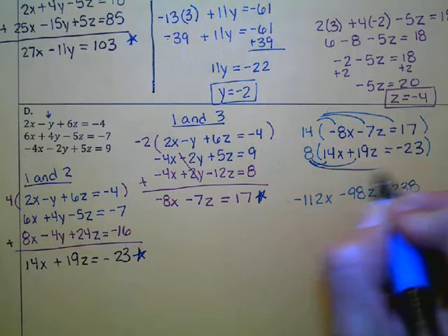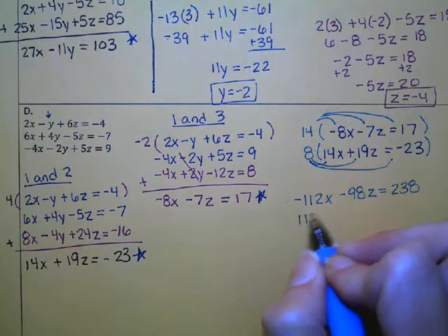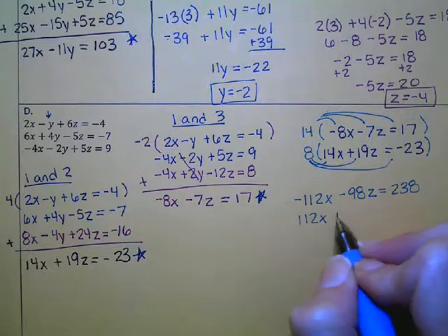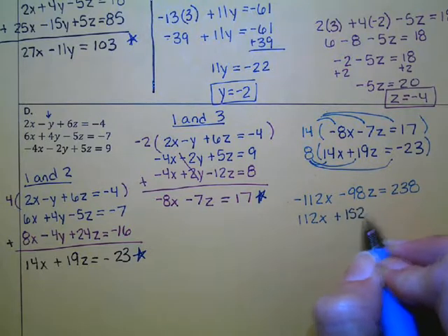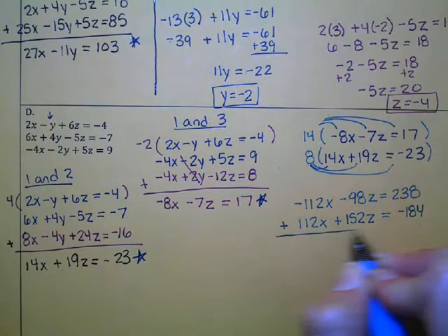Okay, now we're going to do the bottom row and take 8 times 14, 8 times 19, 8 times negative 23. 19 is plus 152z. 8 times negative 23 is negative 184.